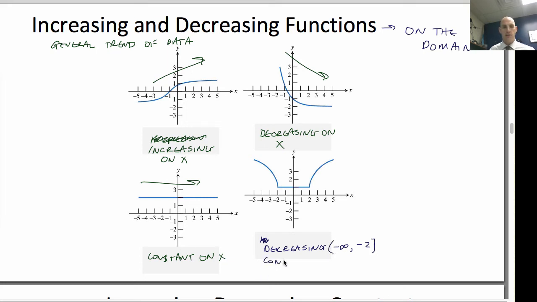It is constant from negative 2 all the way to 2. It is increasing from 2 to infinity. Okay, so this part is going down. This part is going across. This part is going up. Okay, increasing, decreasing, constant.